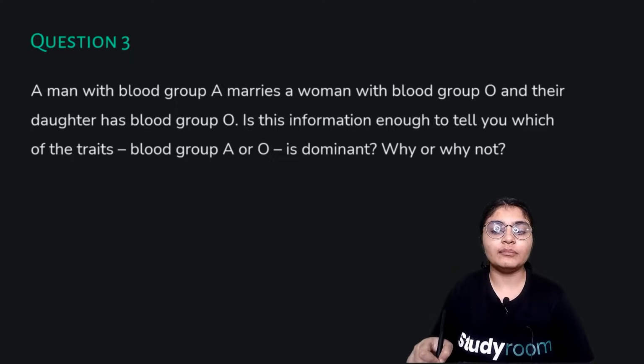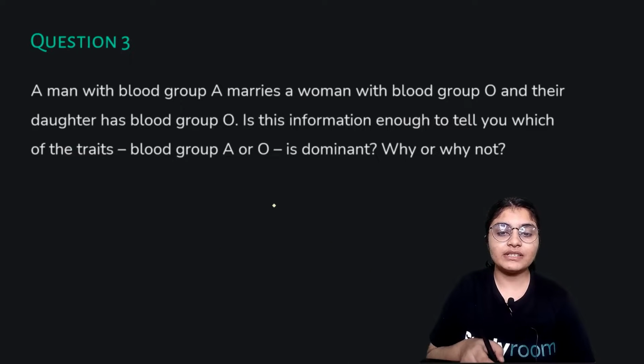And if blood group A is dominant and O is recessive, then the daughter can have blood group O only when both recessive alleles occur together, in the mother, and the father has one allele of O and the other of A. So here we can say that the information that is given is insufficient.